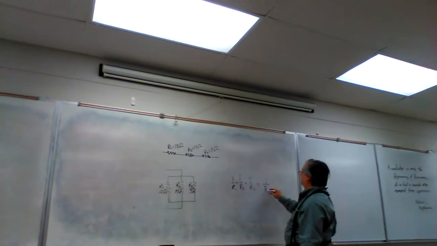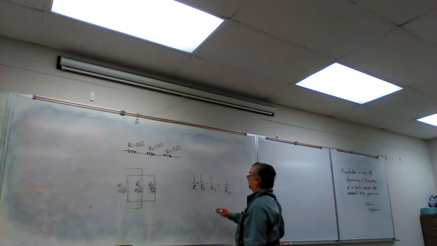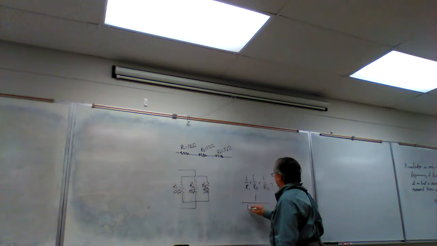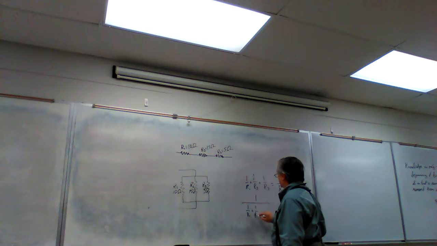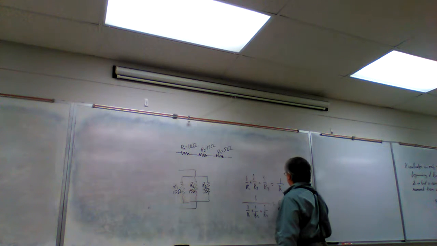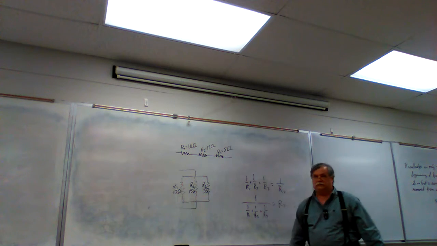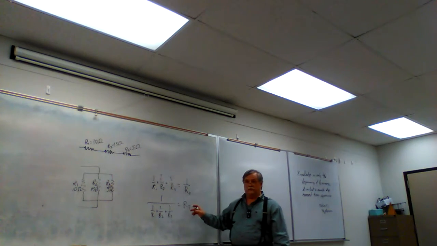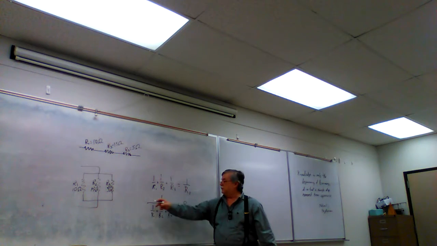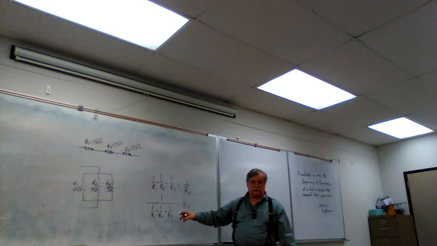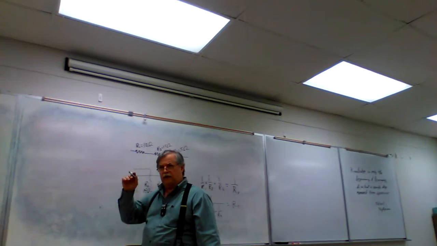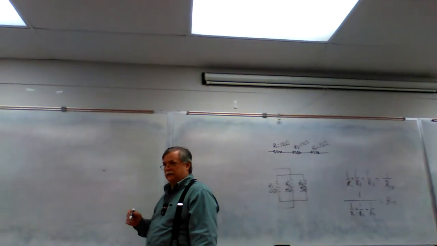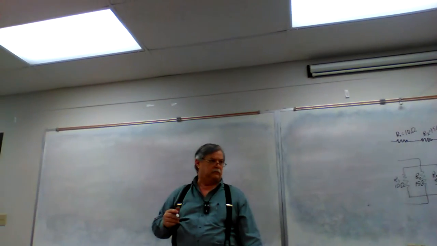In other words, if you wanted to find out RT, you would take the reciprocal of both sides and you'd end up with the total resistance being the reciprocal of the sum of the reciprocals. But again, why is that true?